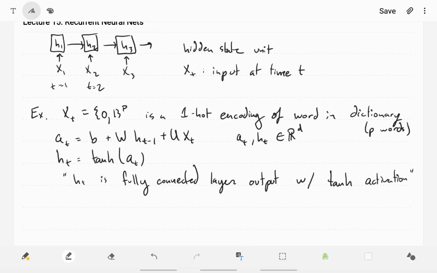If we were to construct this neural net by hand, we would say that h sub t is a fully connected layer with tanh activation. And the input, and this is the interesting part, is not just x sub t, but also h sub t minus 1.